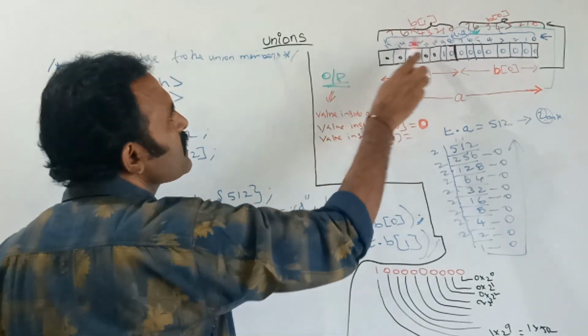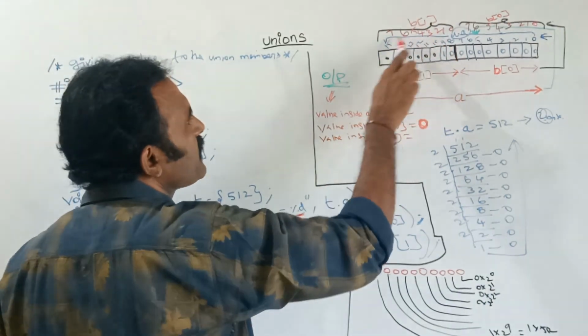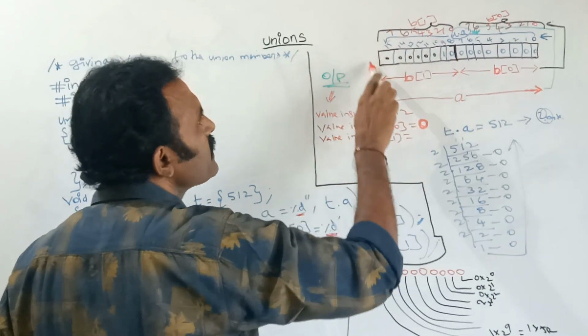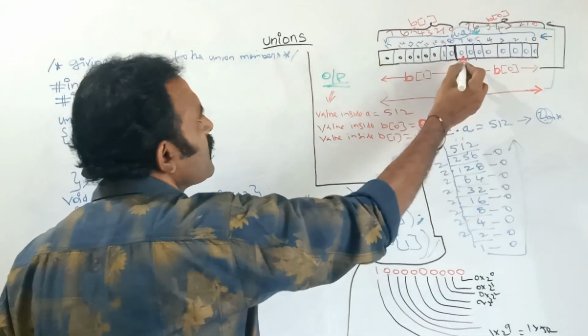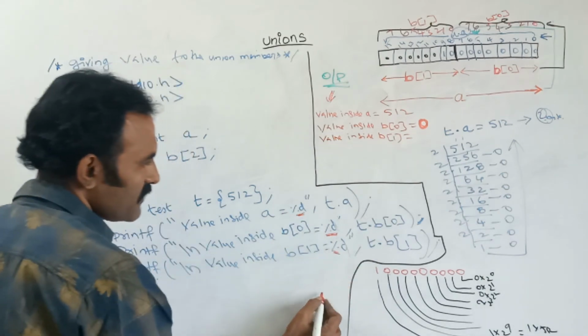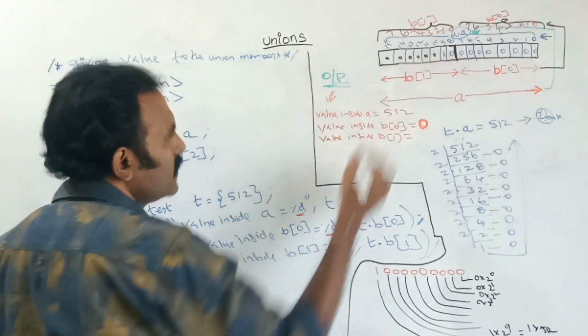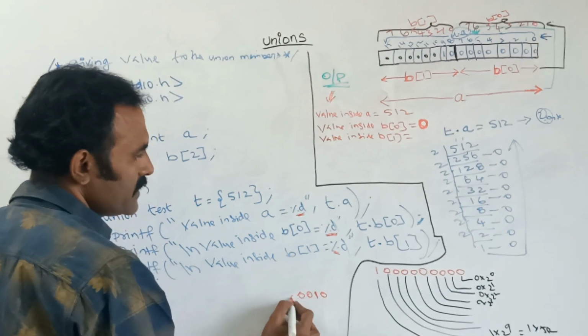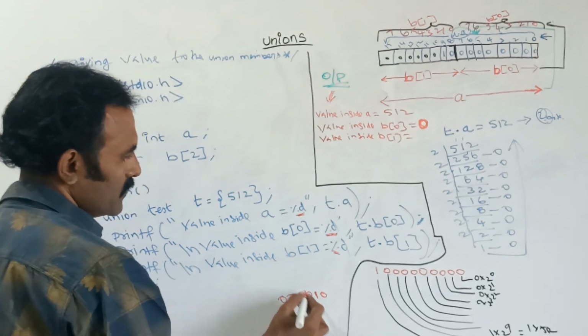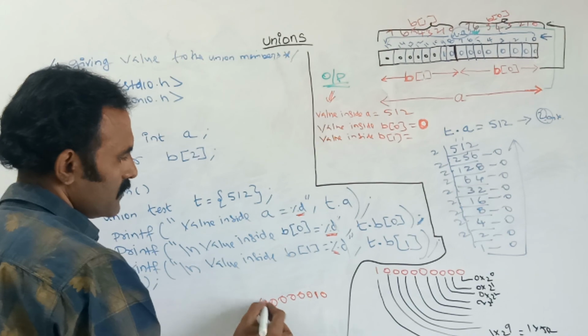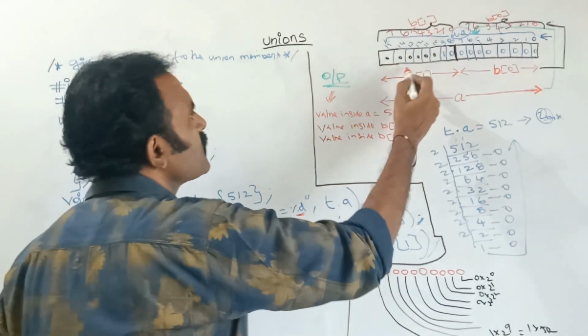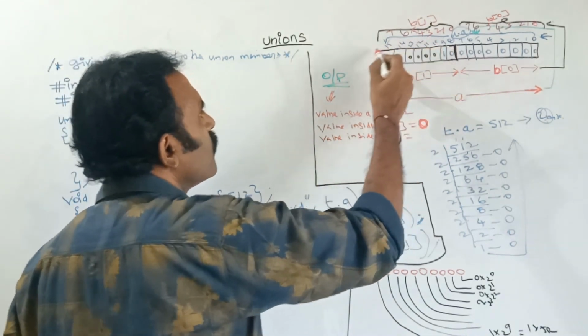So if you take this byte, among these 8 bits, the first bit value is 0, next 1, after that the remaining bits are 0. So this is the value for B of 1.